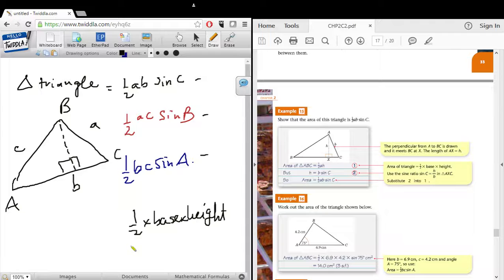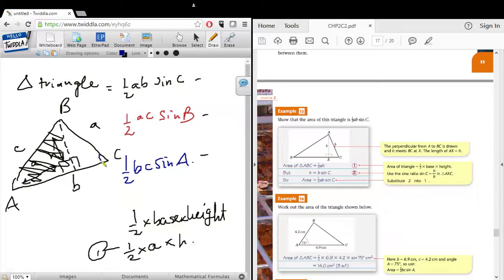In this particular example, they've used this as the base for the first triangle, so that will give us A, and then they've said H, which is the height here, and that was with regards to this part of the triangle.